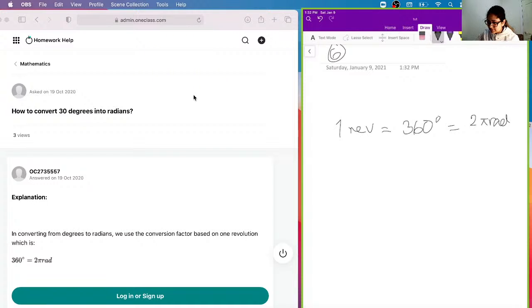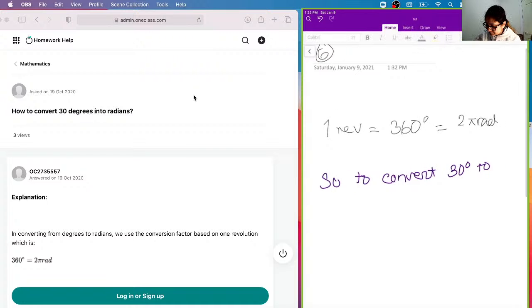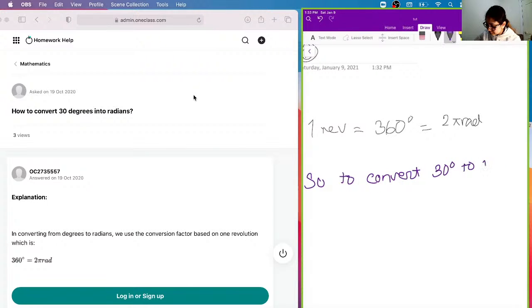And so to convert 30 degrees to radians, we're just going to use this conversion factor, which is 30 degrees times 2 pi rad over 360.